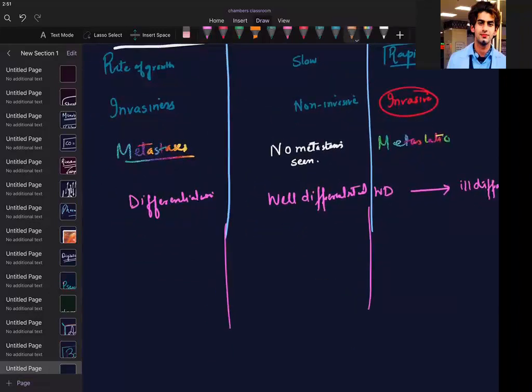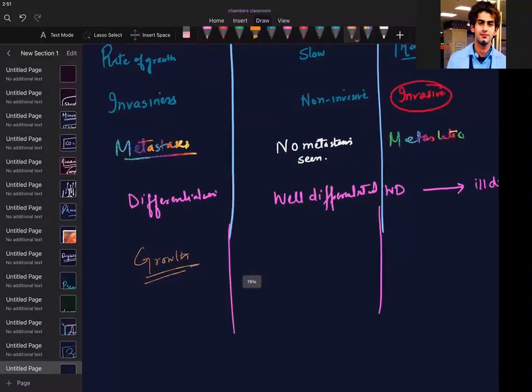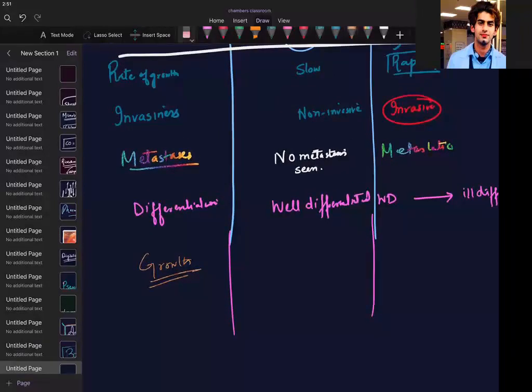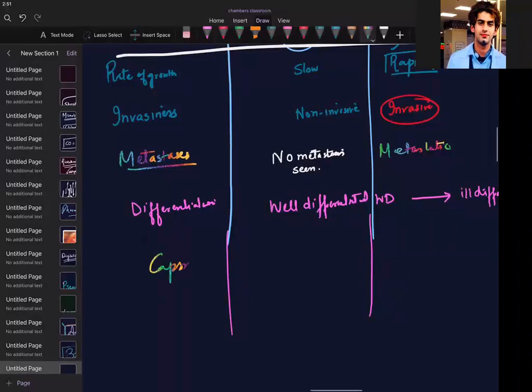What else can we think? I think growth. Which will have a capsule so that it can remain encapsulated? Beautiful answer. Benign will be encapsulated. There should be no capsule here.